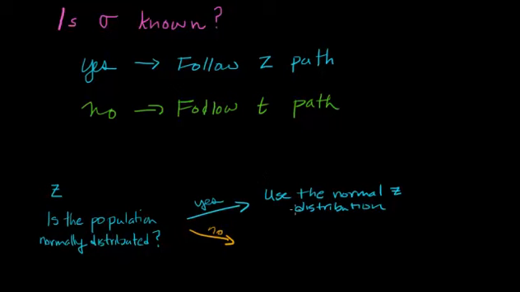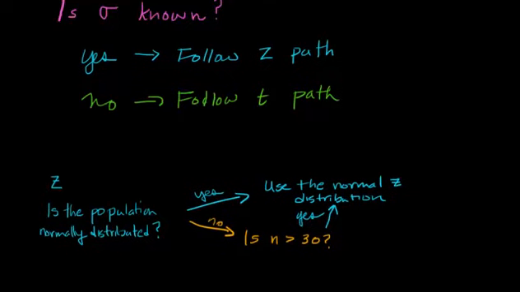then we have another question to ask. Is n greater than 30? Then if yes, we go up here. We do use the normal distribution. Recall that if the population is not normally distributed, but we have a large sample size greater than 30, then we can still use the normal distribution.